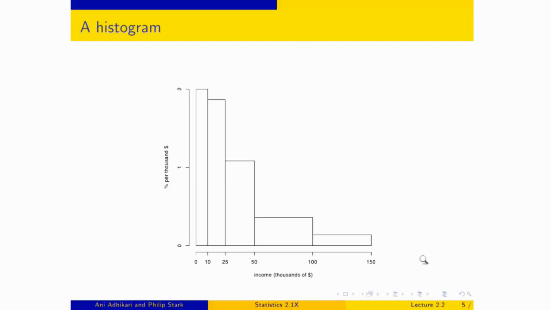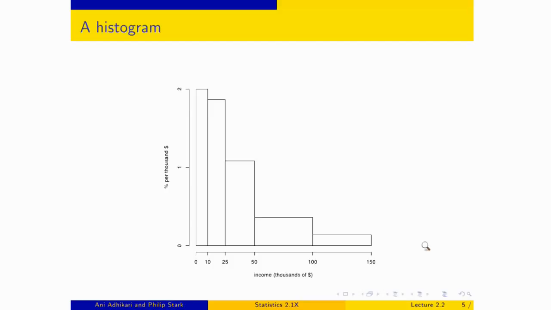This is a very typical shape for an income distribution, going up and then coming down and tailing off. Certainly not symmetric, certainly not bell-shaped. Most people with low to middle incomes, a small percent with large incomes. We will see this over and over again.